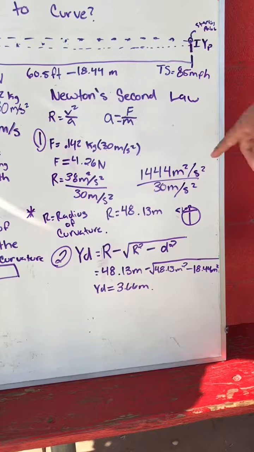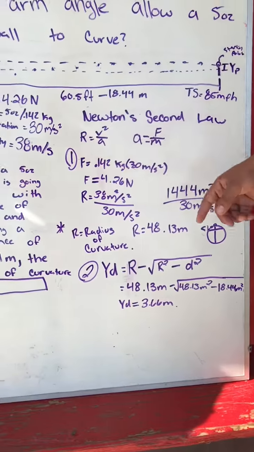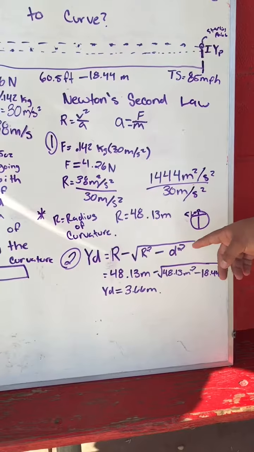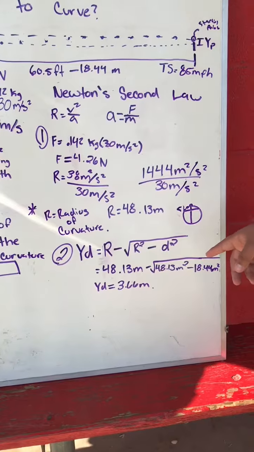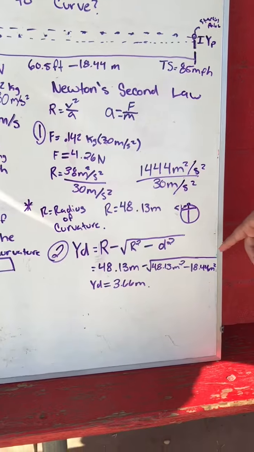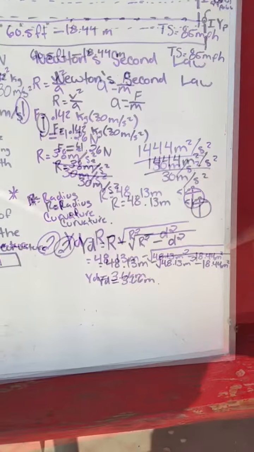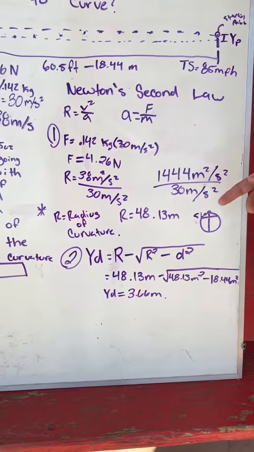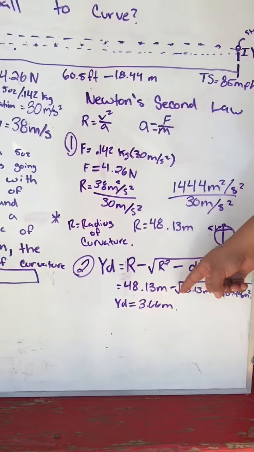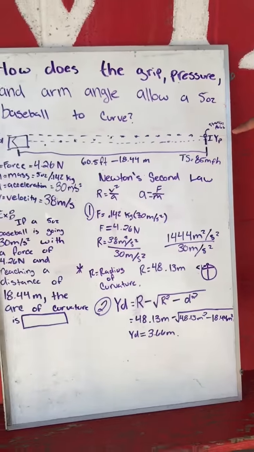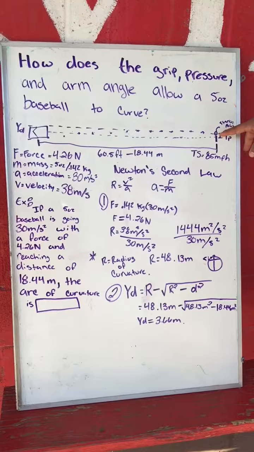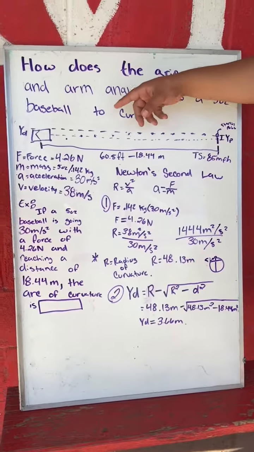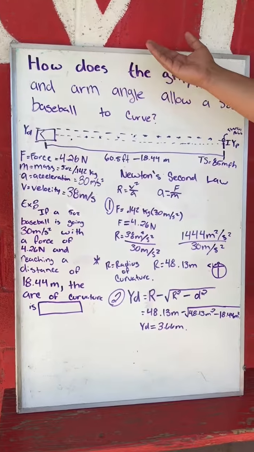Once you apply all the numbers which we have listed here, you get 48.13 meters minus the square root of 48.13 meters squared minus 18.44 meters squared. We have applied all of our substitutions into the equation. Our arc of curvature would be 3.66 meters, which means from your starting point where the pitcher releases the ball to your ending point, 3.66 meters. That's how much distance the ball traveled across home plate.